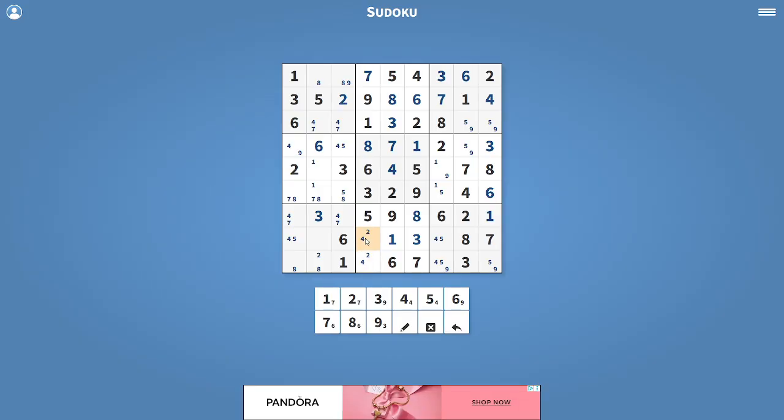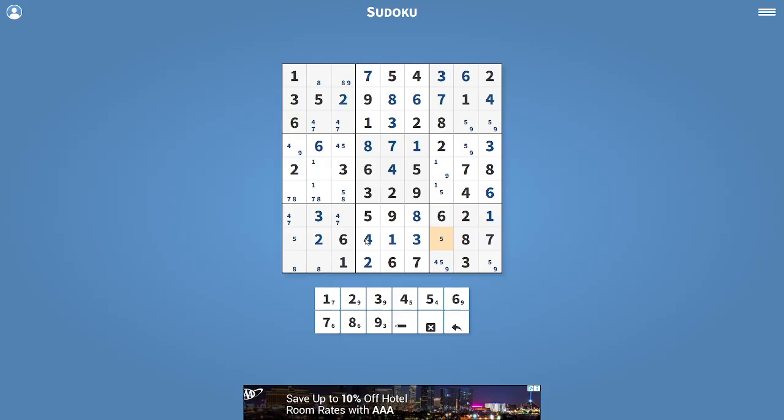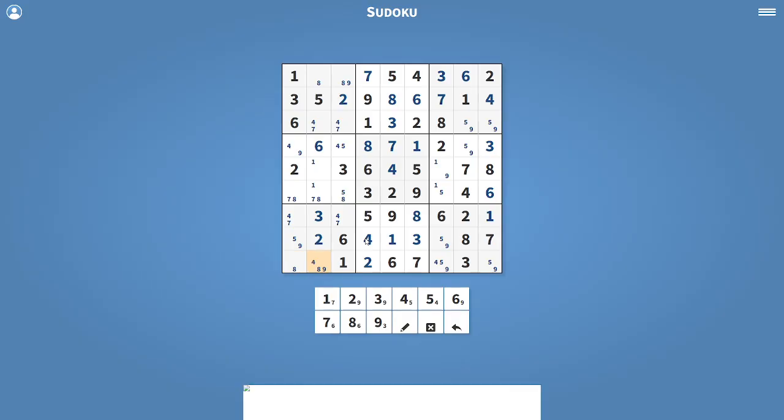Right. So that can't be a 2. That is a 2. So now we're missing 5 and 9. Golly. I'm falling apart. But this isn't 5. And if this isn't 5, this has to be 5.